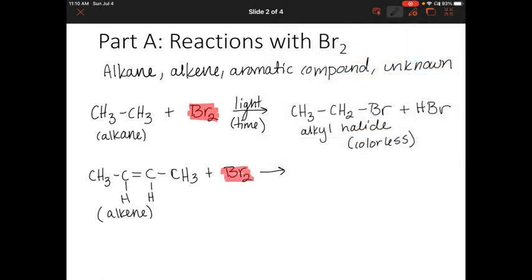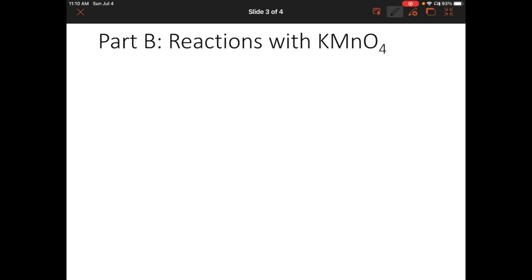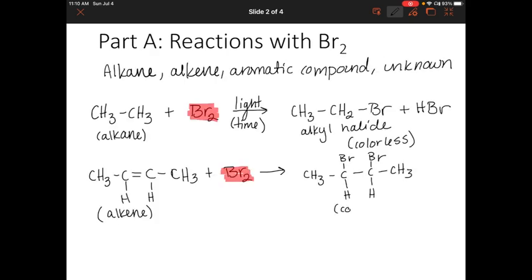And in this reaction, bromine is going to add across the double bond. And this product is also colorless. Now this reaction occurs really quickly, so we'll just write here that this is a fast reaction.